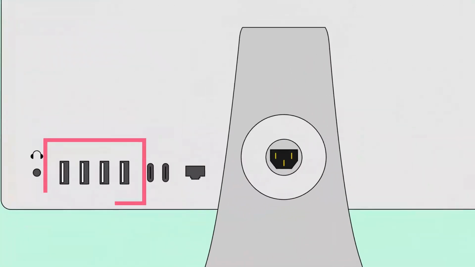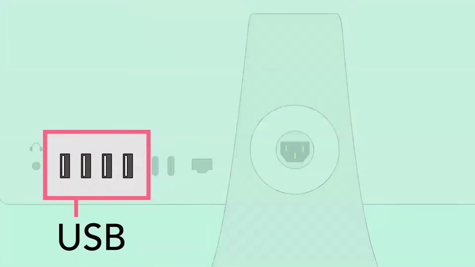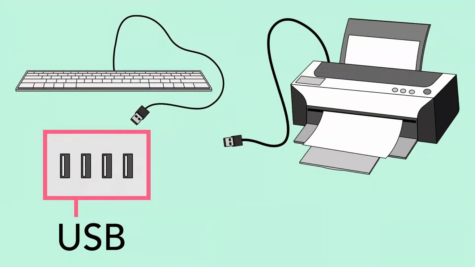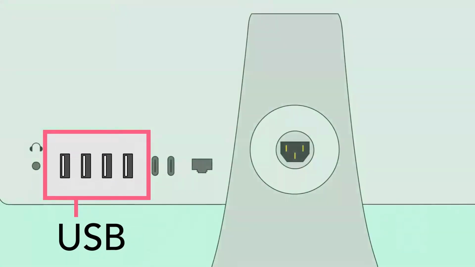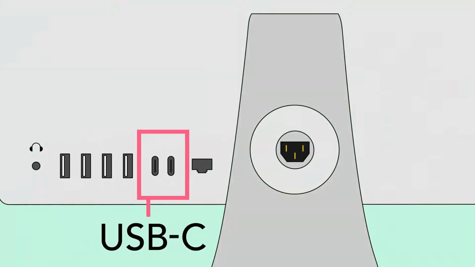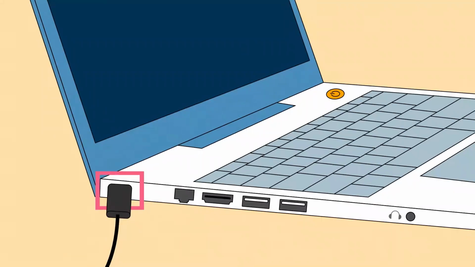Most computers provide more than one USB port, so you can plug in any device you might need. Keyboards, printers, and USB drives are all common examples. Some computers even have USB-C ports, which can be used for many different things, not just plugging in devices. Laptops, for instance, often use the format for the charging port.